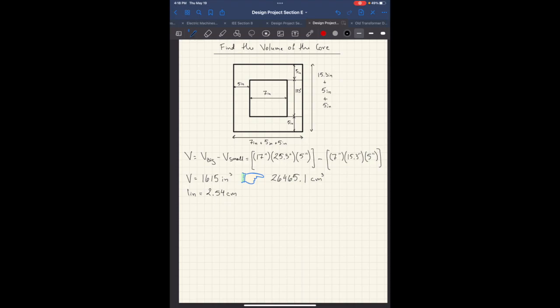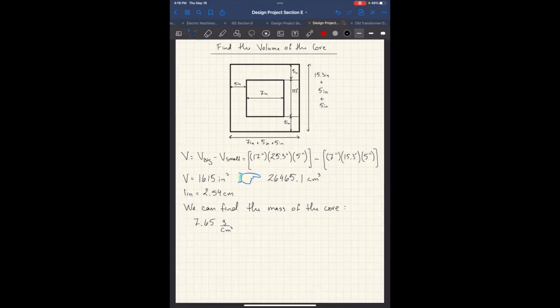From here, we can find the mass of the core. And we use basically this conversion, 7.65 grams per centimeter cubed.